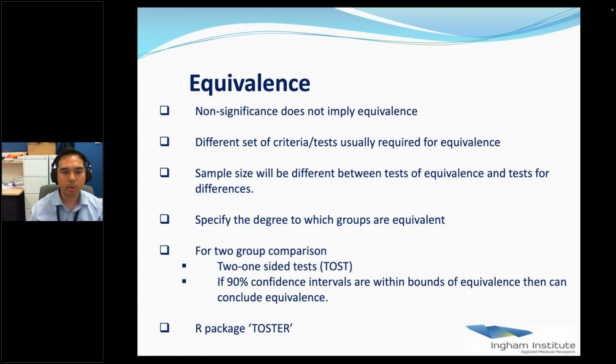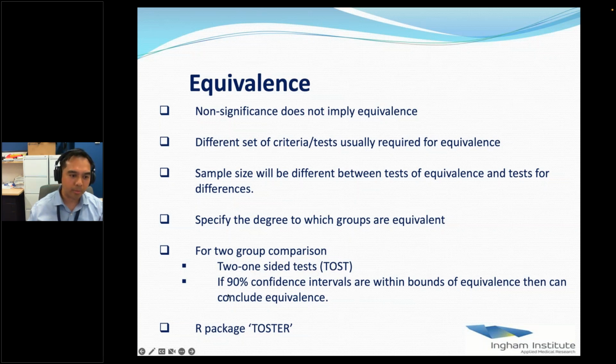The main thing in an equivalence study is that you need to nominate the degree to which things are actually equivalent, the same way that you would nominate how things would be clinically different in a different study. Again, for a two-group comparison where you're trying to show two groups of people have similar measures, there is something called a two one-sided test, or TOST.